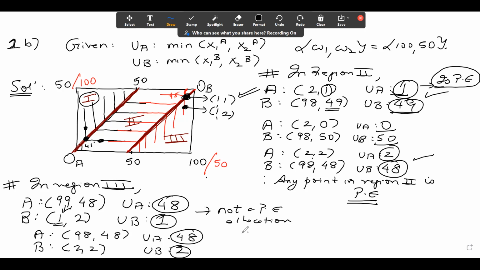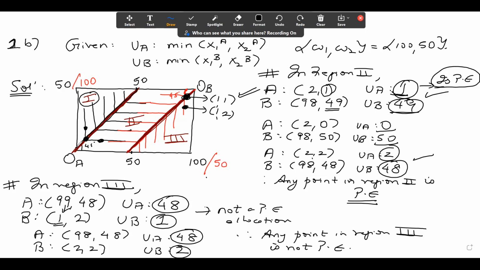So I can generalize and say that any point in region 3 is not Pareto efficient. So guys, what is my contract curve? My area of Pareto efficiency is nothing but this parallelogram.